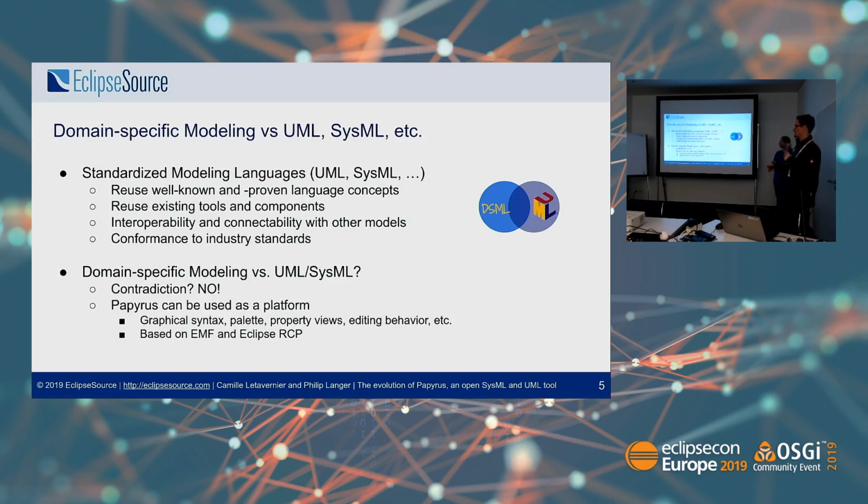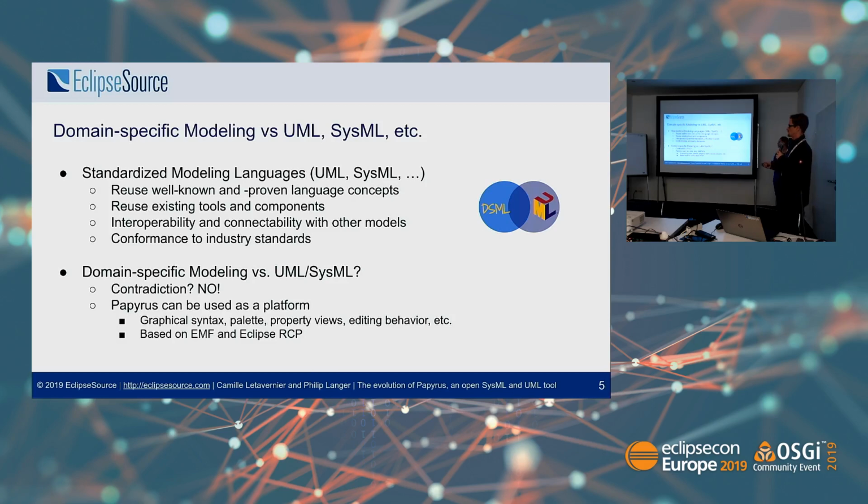But before I told you how great and successful domain-specific modeling is, so now you might want to ask whether that's actually a contradiction. And in our opinion, it is actually not a contradiction at all, because when you look at it very closely, the main difference between using UML for your project or domain-specific modeling languages, when you combine the benefits, is actually not about the language, but whether the tool is off the shelf or whether the tool is customized for a specific domain.